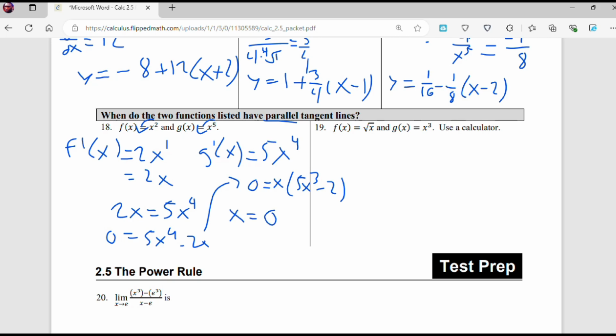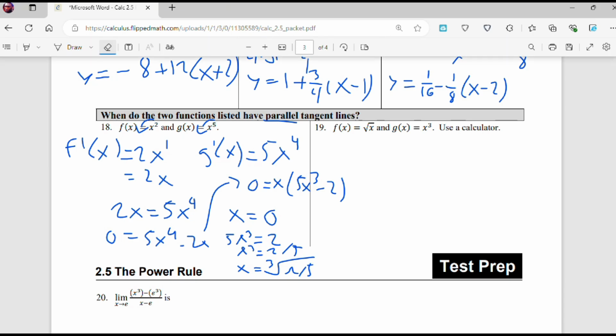So x equals 0. And then our last one is going to be, well, let's just solve for it. 5x cubed equals 2. X cubed equals 2 over 5. So x equals cube root of 2 over 5. Okay, I'm going to erase this little bit right here for the next question.